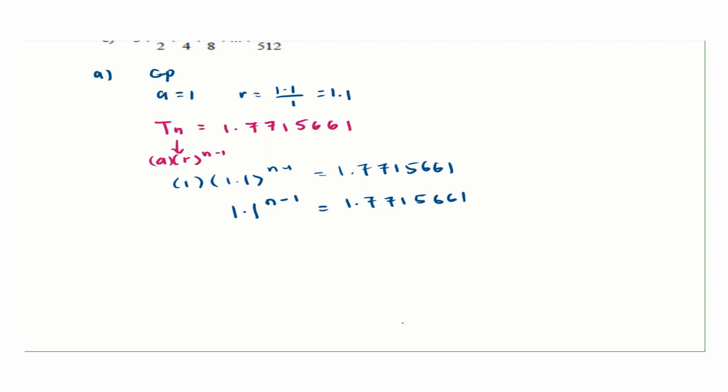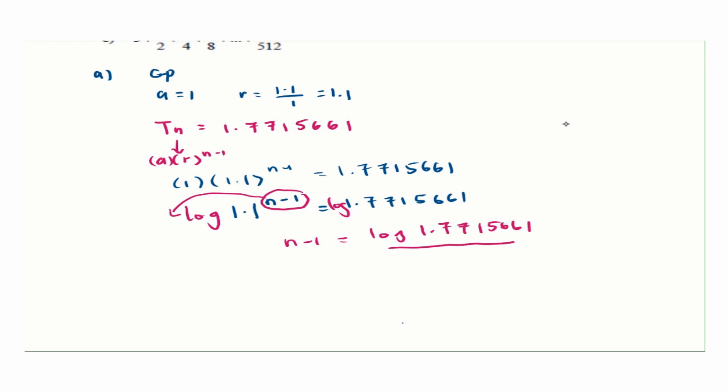So what we are going to do is take log on both sides. We put log on the left hand side and log on the right hand side, and then we bring the power n minus 1 to the front and simplify. We get n minus 1 is equal to log 1.771561 divided by log 1.1.